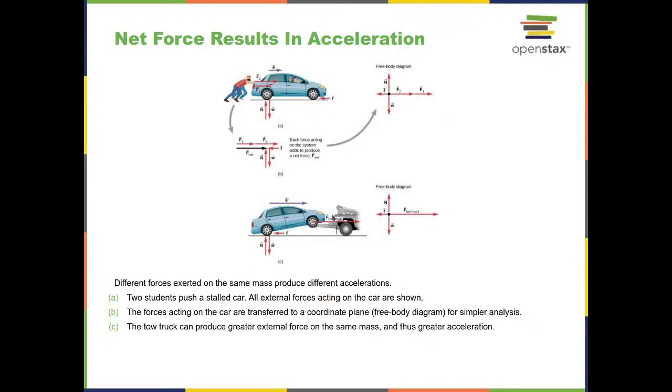Now, the same thing can be true for a tow truck. Now there's only one force, the force from the tow truck that is moving to the right. There's the force of friction that's pointing to the left, and then the weight and the normal force. Now, how does this situation differ from this? And in particular, how does it allow the car to accelerate more quickly here than in this first situation when the two students are pushing it?